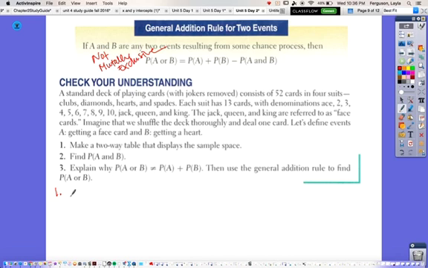The way that you get a heart is you either get a heart or you get not a heart. The way that you get a face card is you either get a face or you get no face.